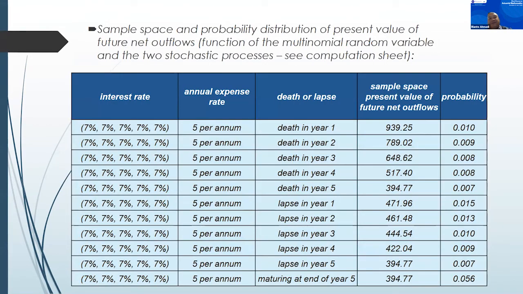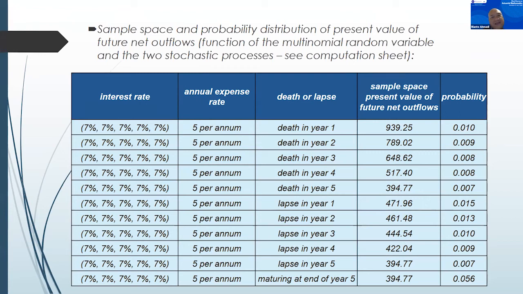So now with the three things, the stochastic process of interest rate, the stochastic process of expense, and the multinomial random variable, we can derive the sample space and the probability distribution function of the present value function.